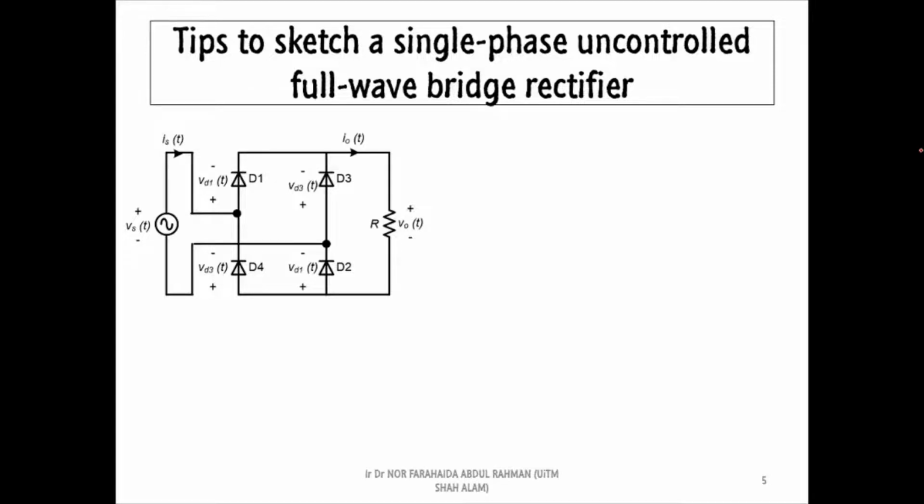Before I continue my explanation on the principal operation of single-phase uncontrolled rectifiers, I would like to share my tips to sketch a bridge rectifier quickly. If you look at the circuit topology of the rectifier, you can see that the circuit consists of two frames.